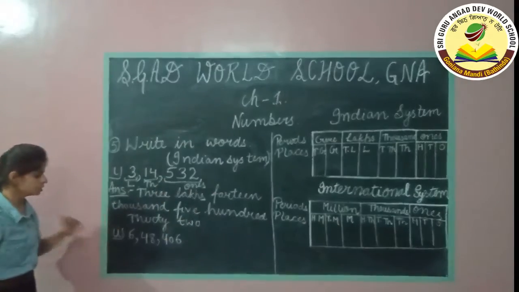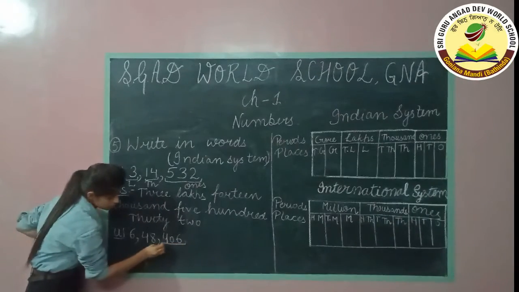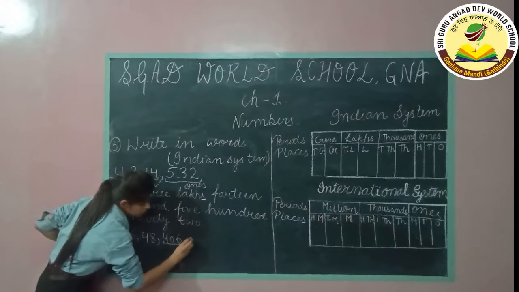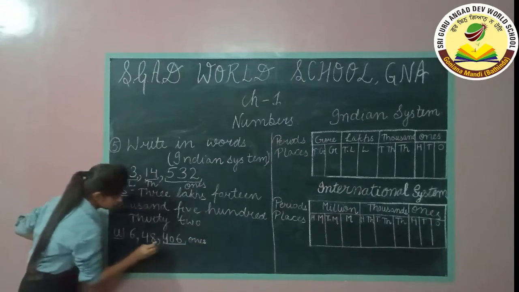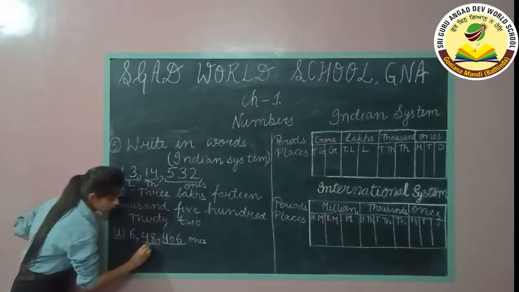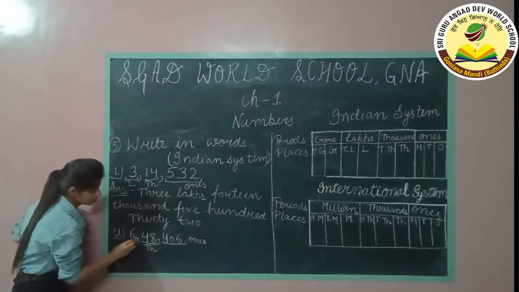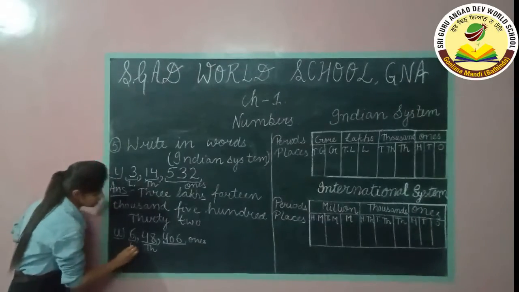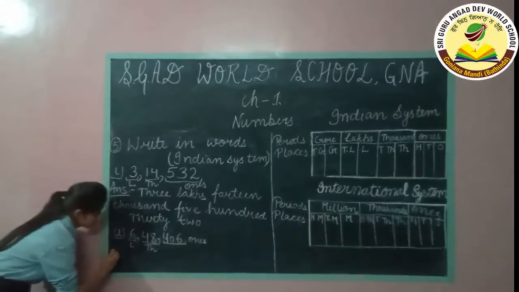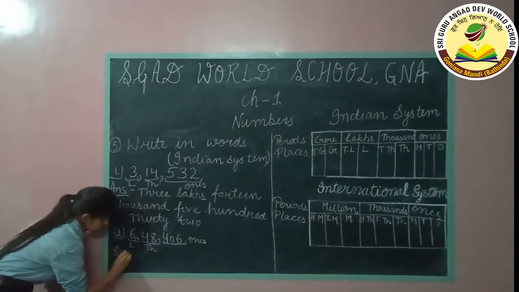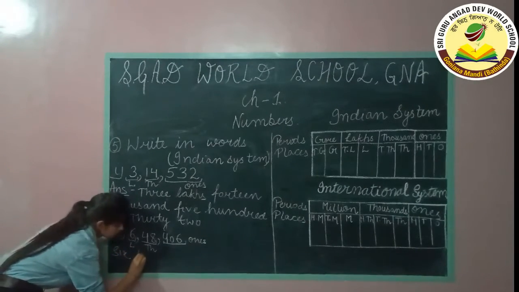Similarly, in the second question, this is the ones period, this is the thousand period, and this is the lakhs period. We write it as 6 lakhs.